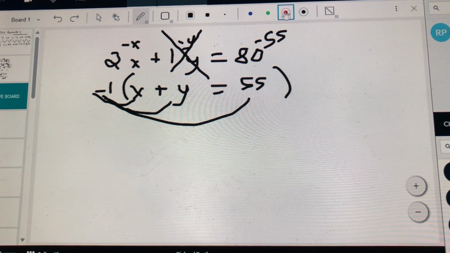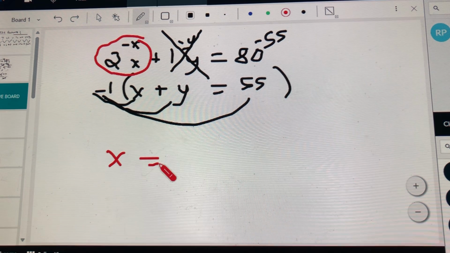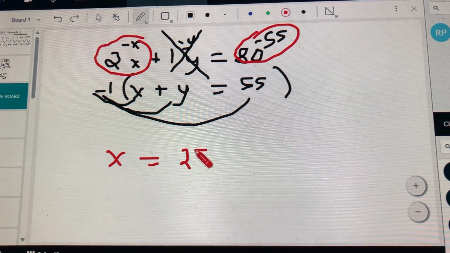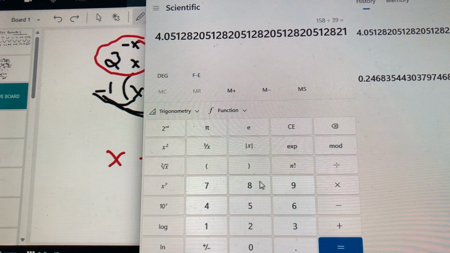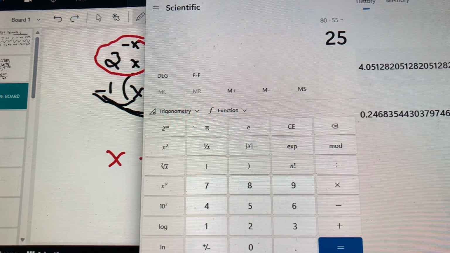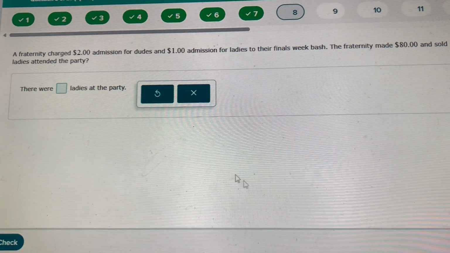And then if you do 2X minus 1X, that is 1X. 80 minus 55 is 25. So we just discovered how many men were at the party. 25 men. Now, they sometimes ask for that, but they ask for how many ladies were at the party.